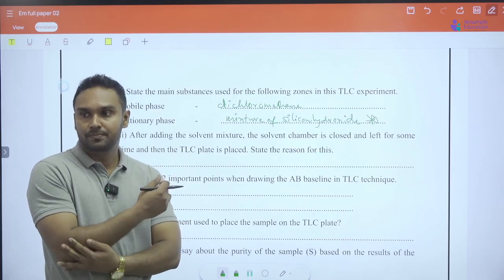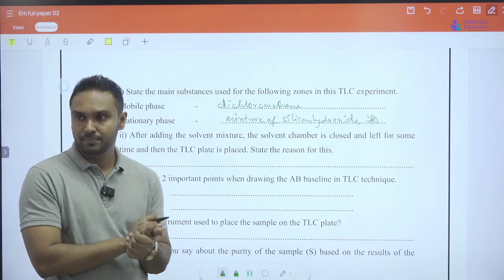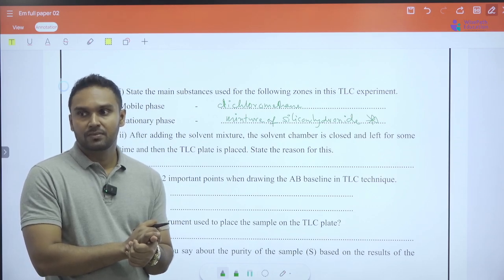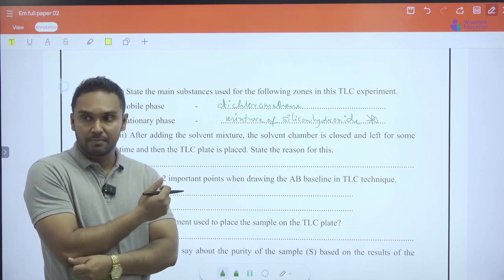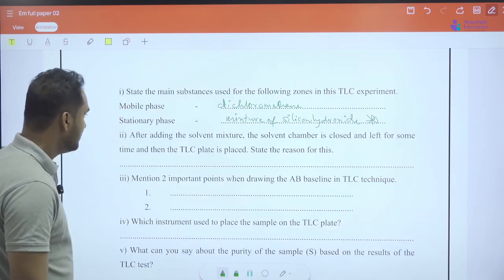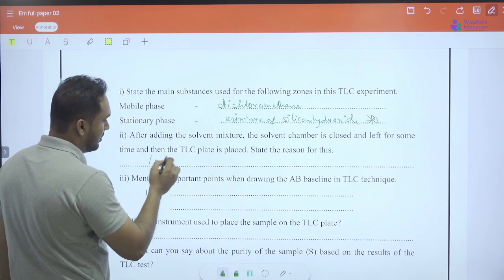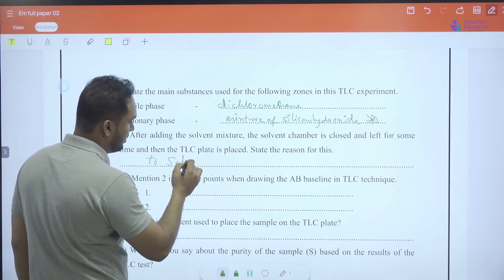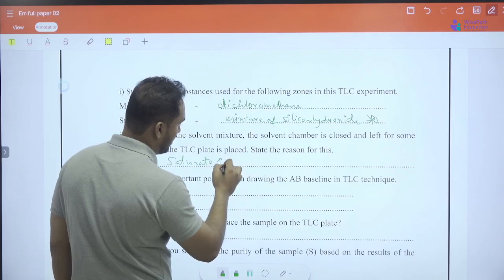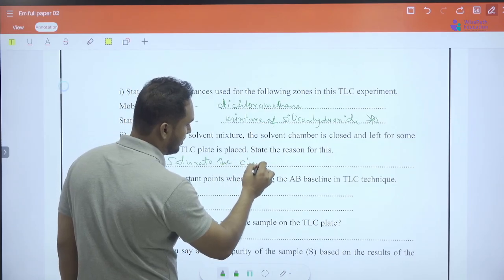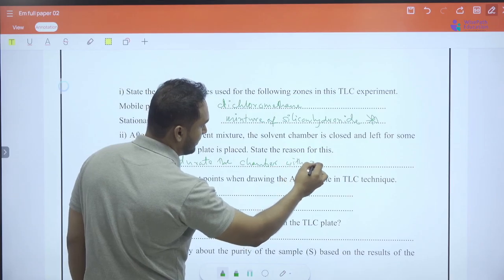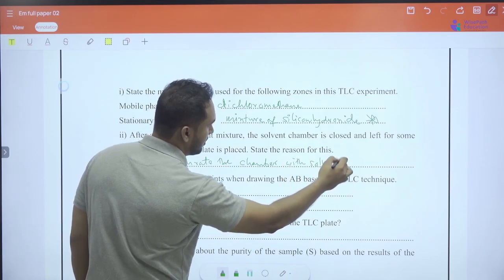So the solvent has to saturate the chamber, otherwise any of the other gases will affect the process, isn't it? To saturate the chamber with solvent, right?